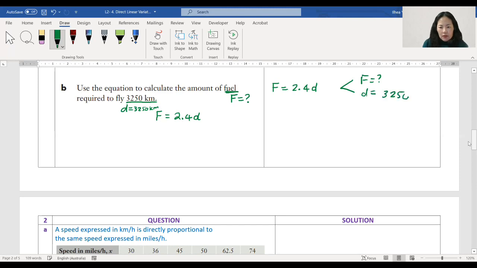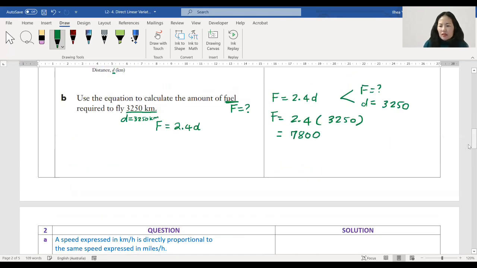So F equals 2.4 times 3,250. Put that in your calculator, you get 7,800 kilograms. Wow, that's a lot, isn't it? 7,800 kilograms, my goodness. Any questions so far?